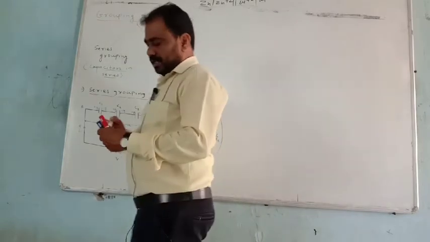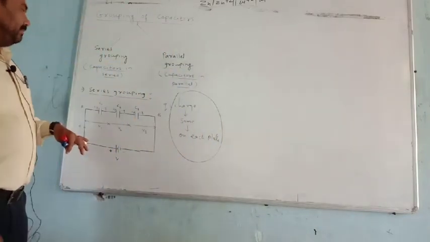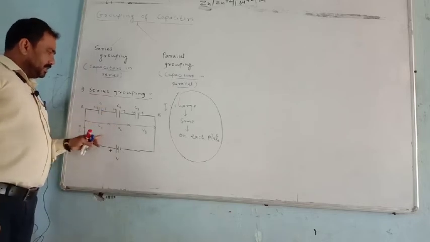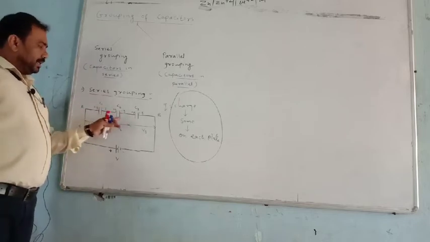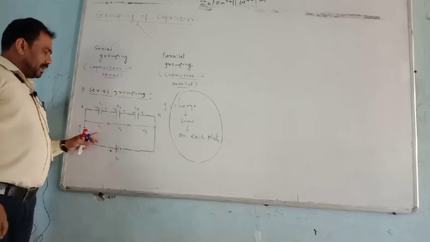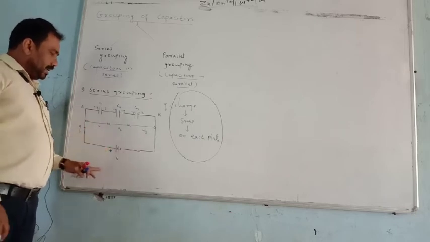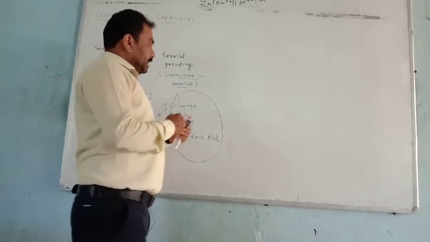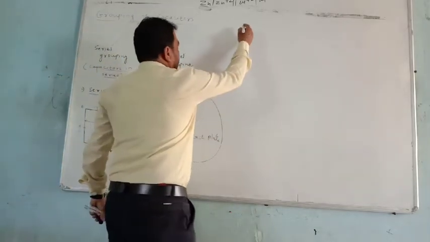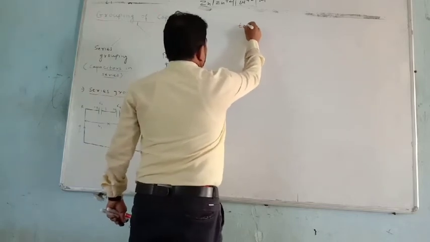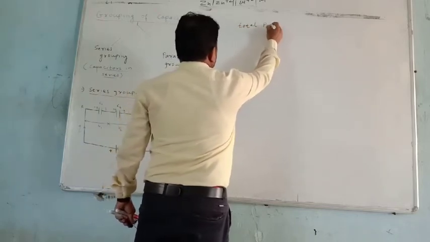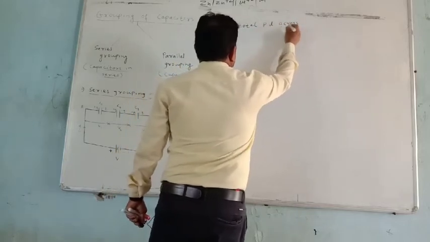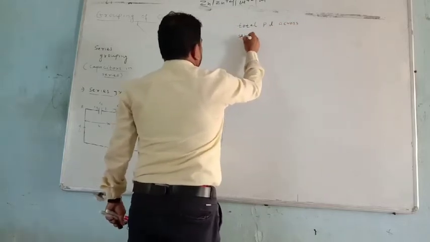If we consider three capacitors connected in series, with potential differences V1, V2, V3 across them, and a battery with positive and negative terminals, then we can easily calculate the total potential difference across the series combination.